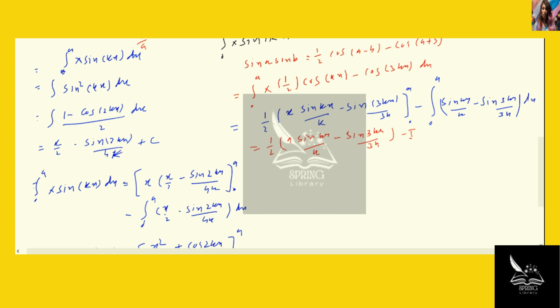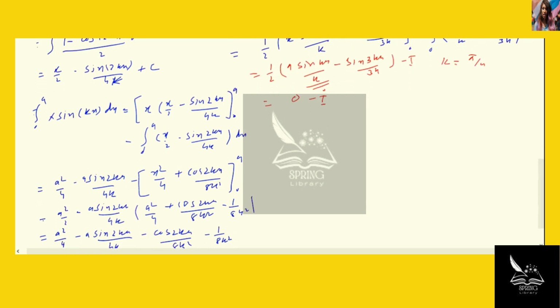So putting k equal to pi by a in the above equation, this whole term is equal to 0, and this is 0 minus the integral.